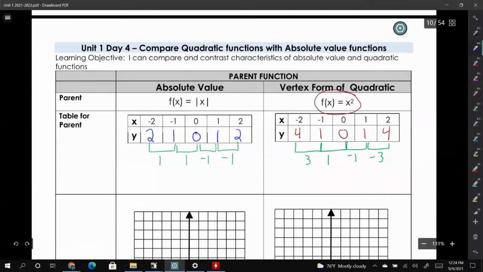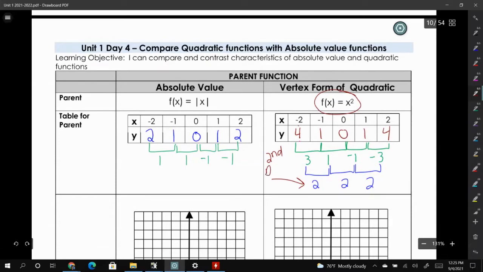But if you took the second difference, and that's subtracting these numbers, 3 minus 1 is 2, 1 minus -1 is +2, and -1 minus -3 is also 2. This is called the second difference.